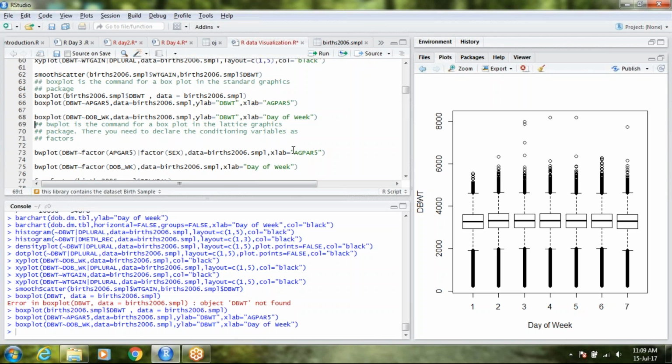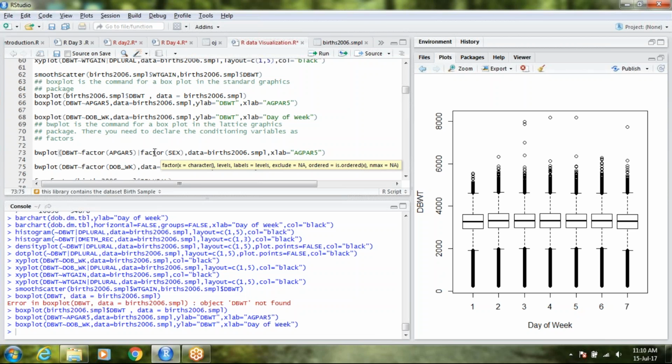So this was about box plot, and one more plotting option that comes with this lattice package is BW plot. BW plot also works in a similar way, but it has some more features associated with it. Let's say I can plot this weight with these factors that I have, but at the same time segregate it by the gender of the child.